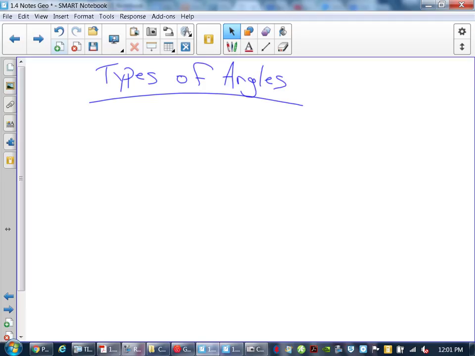Types of angles. You know this. Which one? What's that? Okay, we'll get to that, but I'm looking at classifying the angles. Very good. As soon as I said classifying, you guys said, oh yeah, that's what it is. So you have acute. You have obtuse, good.